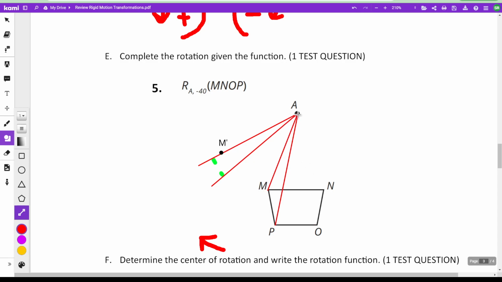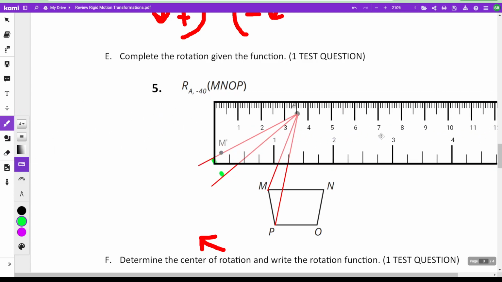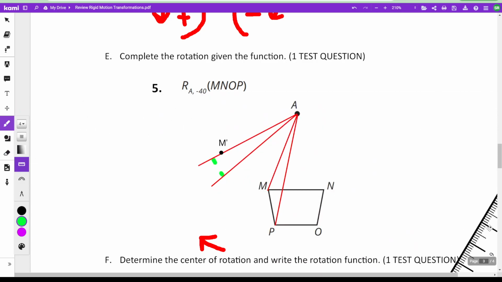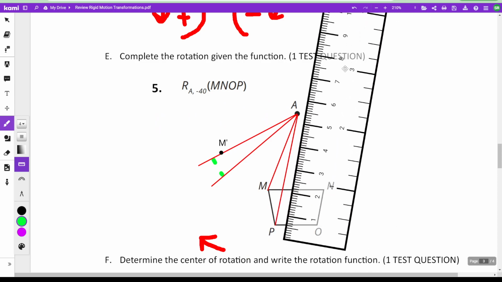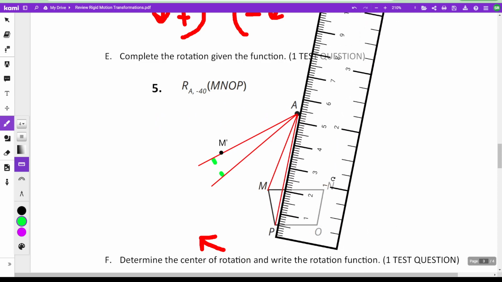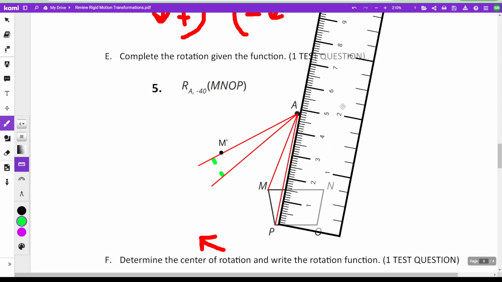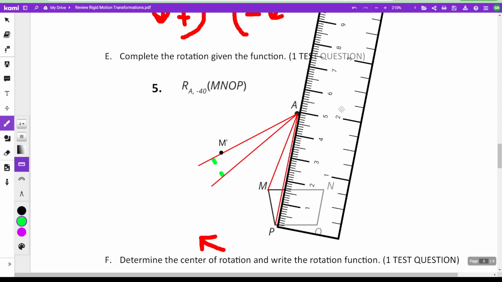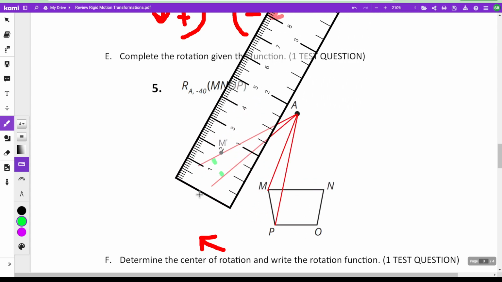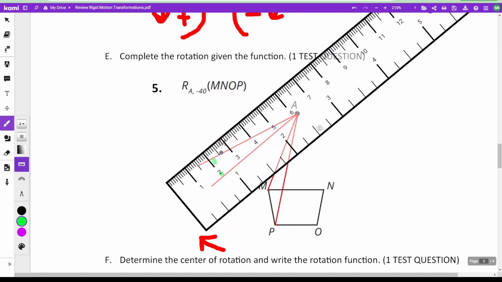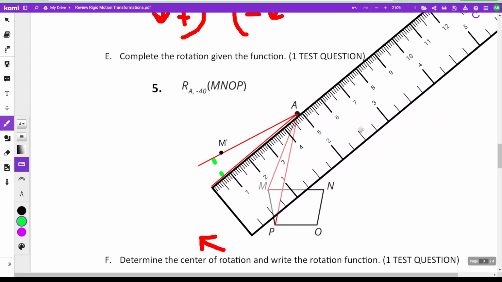Now I want to measure the distance from A to P. As we can see, it's going to be a little under 5 centimeters. Let's go ahead and measure out a little less than 5 centimeters.